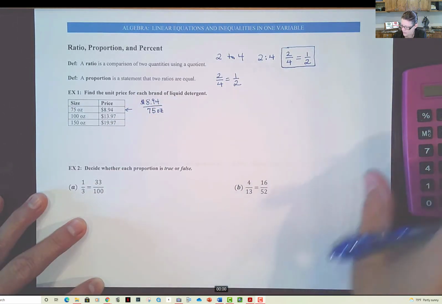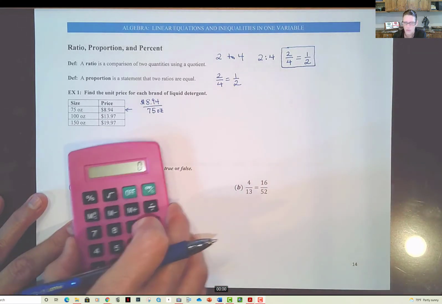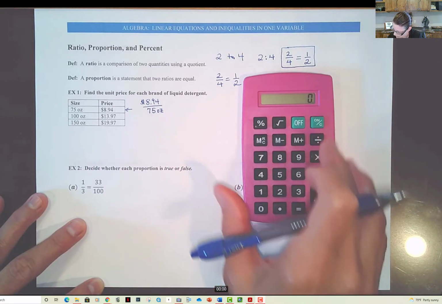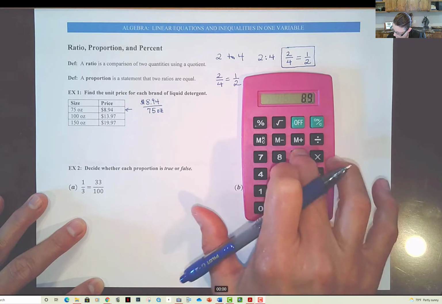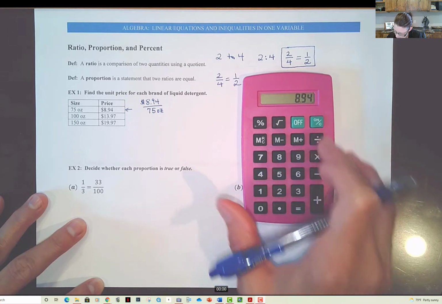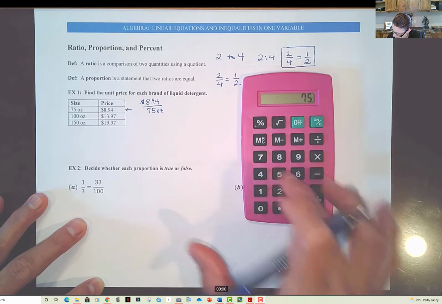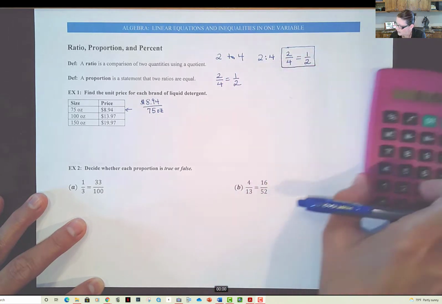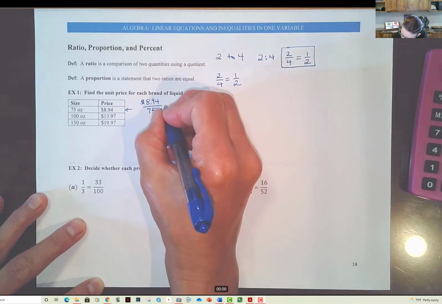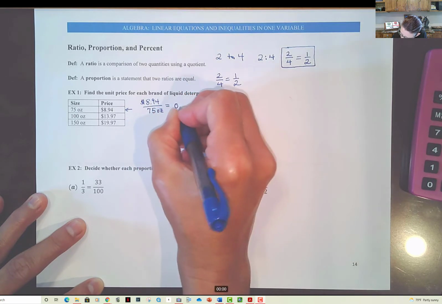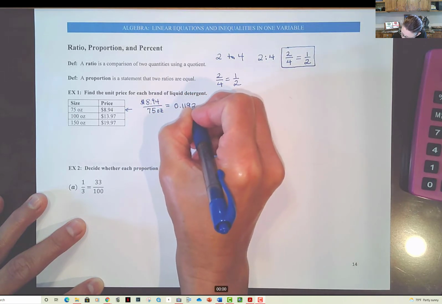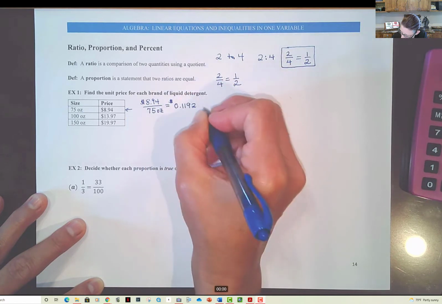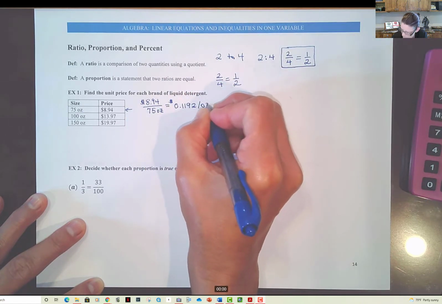Okay, and it's okay to go ahead and use your basic calculator here, and I'm going to do that. 894 divided by 75, and see if you get 0.1192. And that's in dollars per ounce.